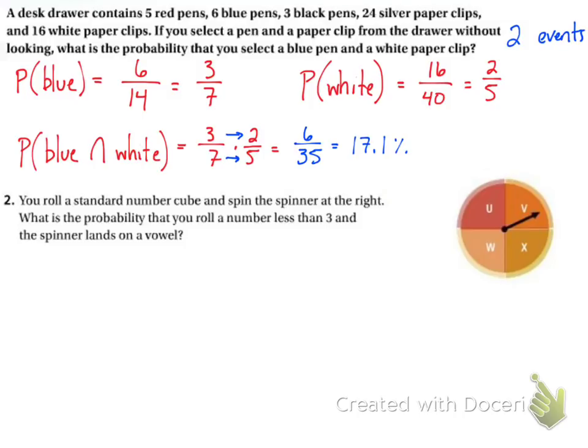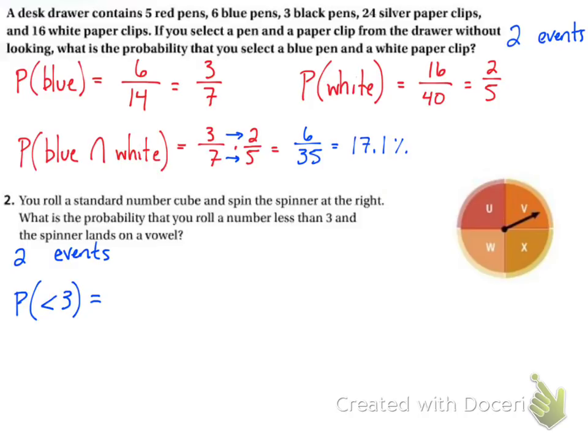So again, I want to find the probability of rolling a number less than 3.